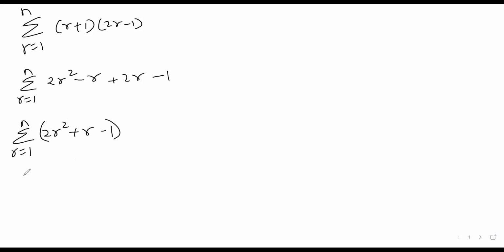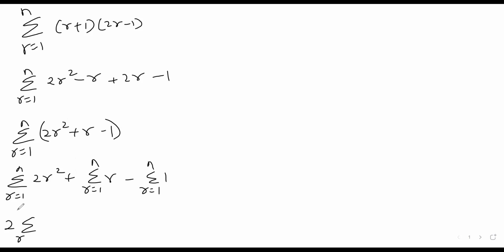It is summation r runs from 1 to n. We can write it as 2 r square plus summation r runs from 1 to n r minus summation r runs from 1 to n 1. This is 2 summation r runs from 1 to n r square plus summation r runs from 1 to n r minus 1 is getting added for n times, so this will be n.